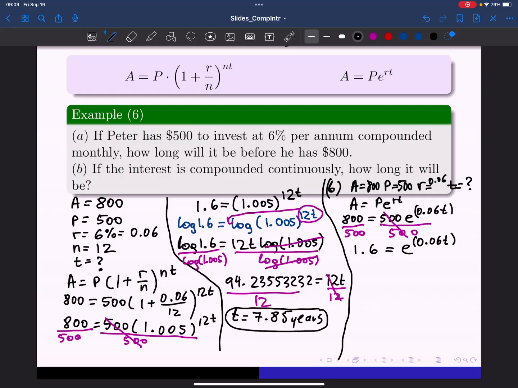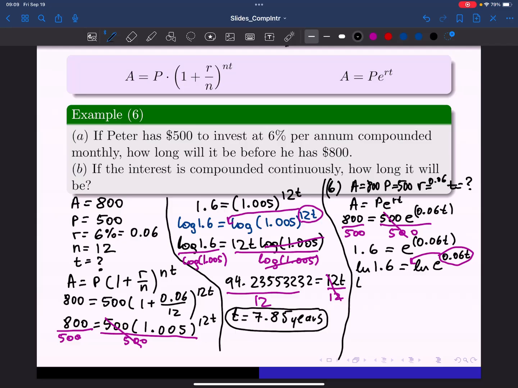I think because we have e, it would be more beneficial to use the natural log or ln. You should have an ln button on the calculator as well. ln of e to the power 0.06t. As before, by the properties of log, this exponent can go in front.